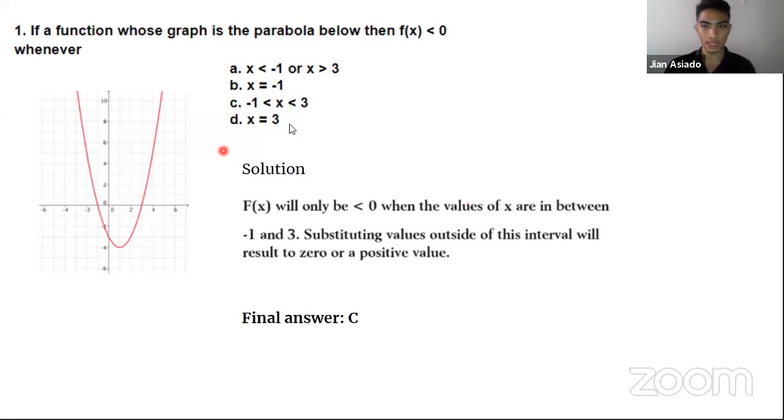If we look at the graph, this is the negative part. Here, the x values are from -1 to 3. So it's letter C.